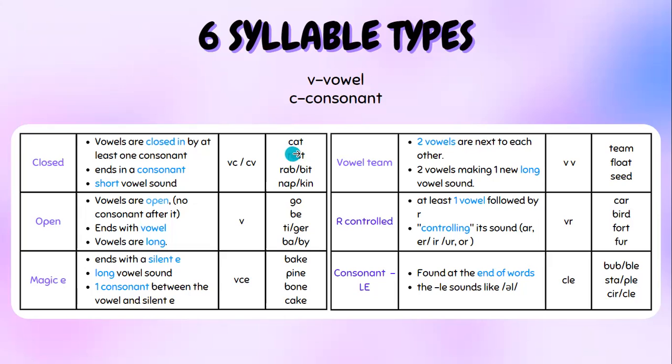For example, in the word cat, the A is closed in by the T at the end. Closed syllables always have a short vowel sound. For example, in the word cat, the A is a short A, so we pronounce it as cat.